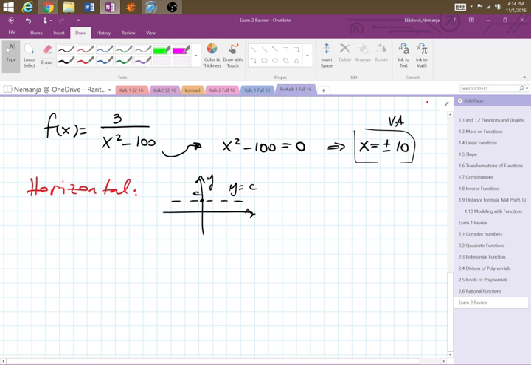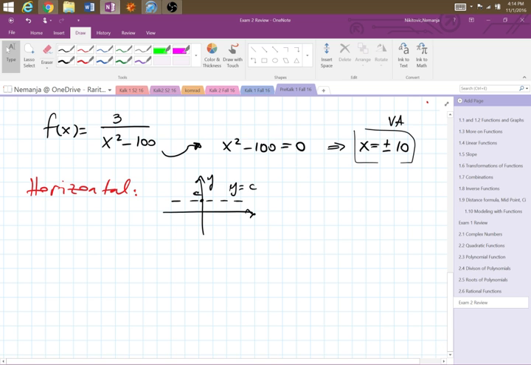So now that we have this horizontal asymptote, we are going to memorize 3 rules that will tell us where the asymptote is.